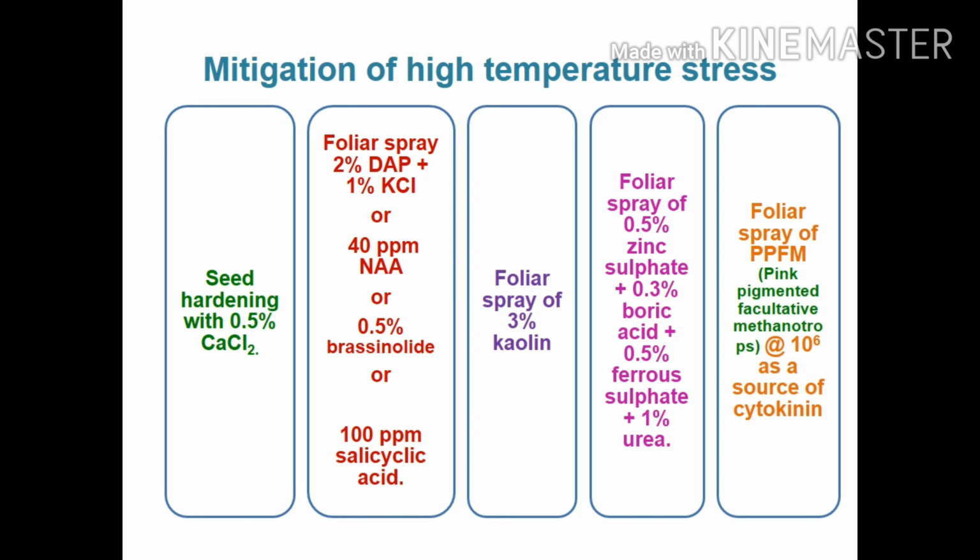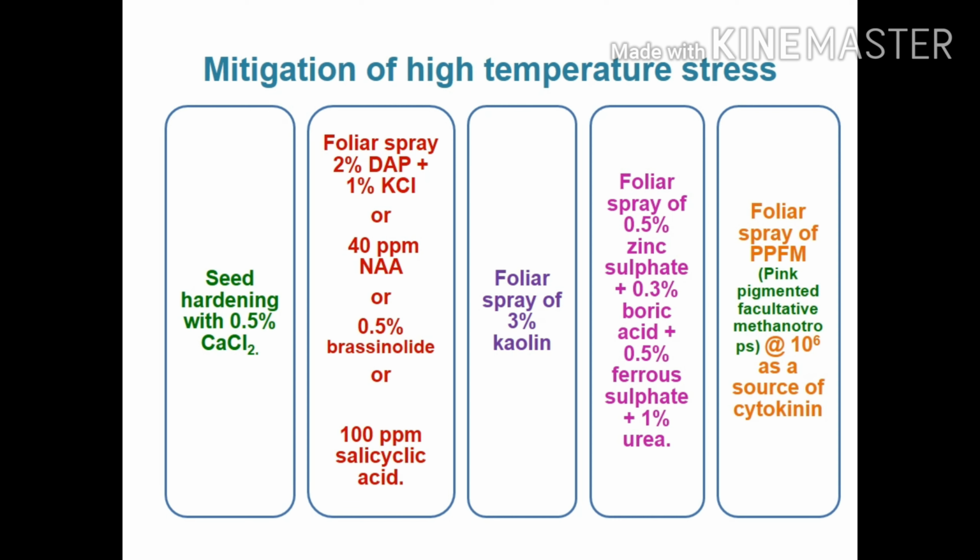The mitigation measures for high temperature stresses are seed hardening with 0.5% calcium chloride, foliar spray of 2% DAP plus 1% KCl or 40 ppm naphthalene acetic acid or 0.5% brassinolide or 100 ppm salicylic acid, or otherwise you can go for foliar spray of 3% kaolin.